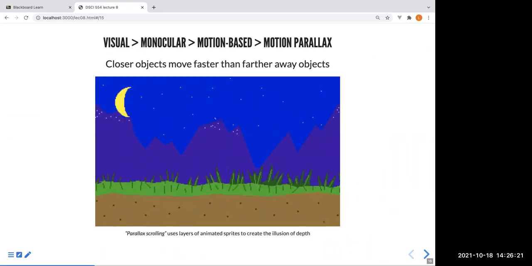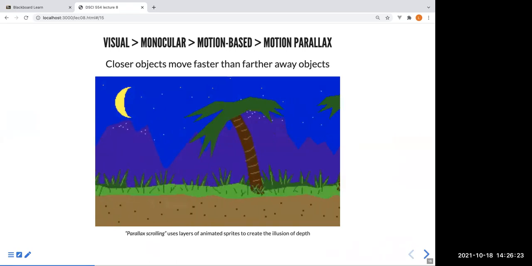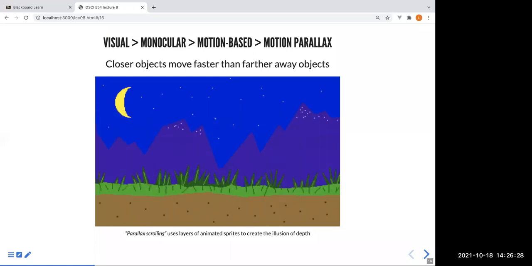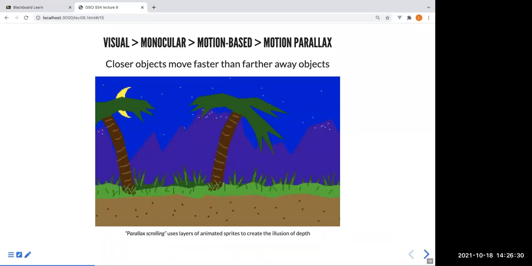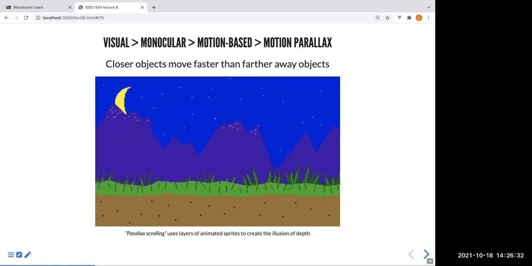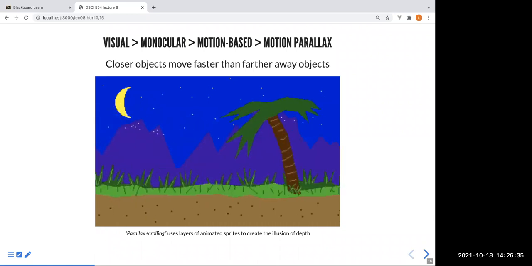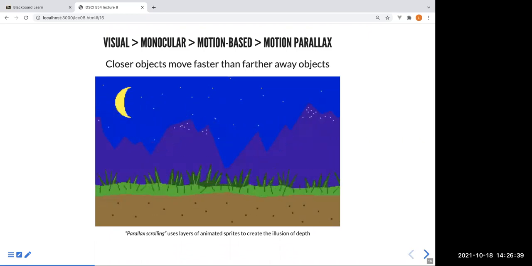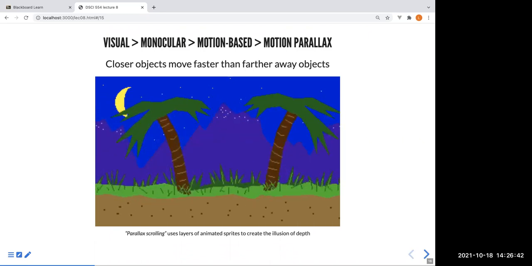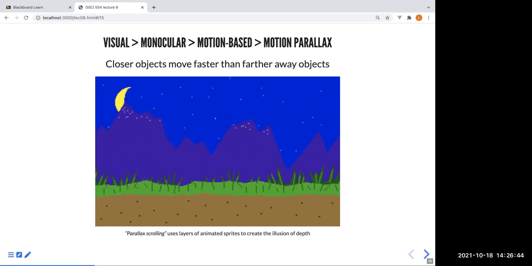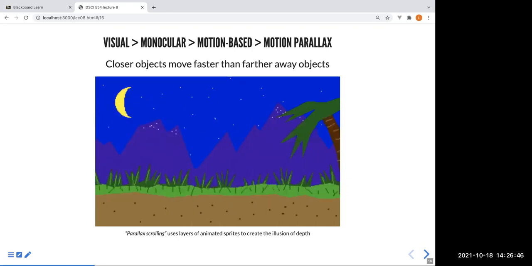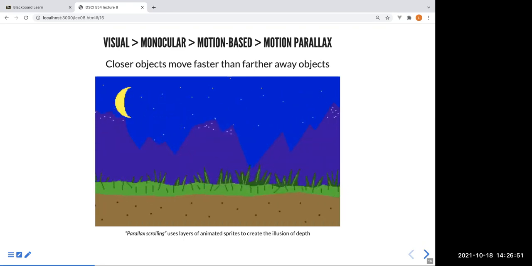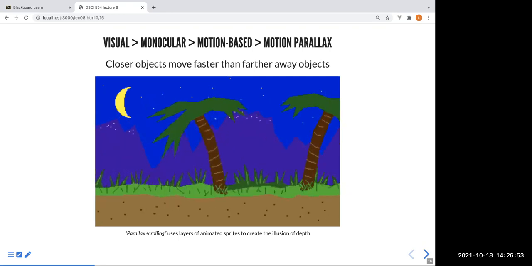So all of those have to do with static images. Now we're going to look at those that are motion-based. If you like to play games, then you're probably familiar with this one. This is sometimes called 2.5D design, where you have different layers, and one of the layers is moving faster than the others, based on how close it is to the viewer.